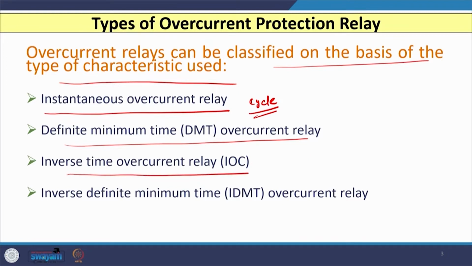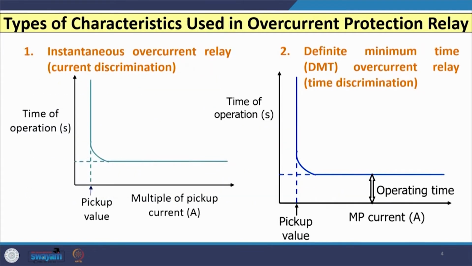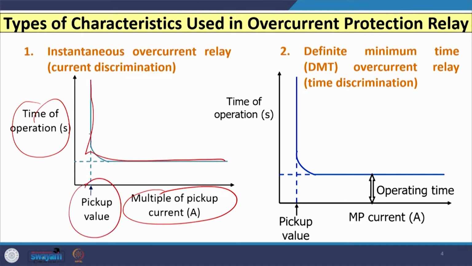So basically these 4 categories of overcurrent relays are used based on the characteristic utilized by a particular relay. Now, if I consider the instantaneous overcurrent relay, which usually works based on current discrimination, and draw a graph of multiple of pickup current versus time of operation, you will have a graph like this. Whenever the current exceeds this pickup value, the relay operates instantaneously.